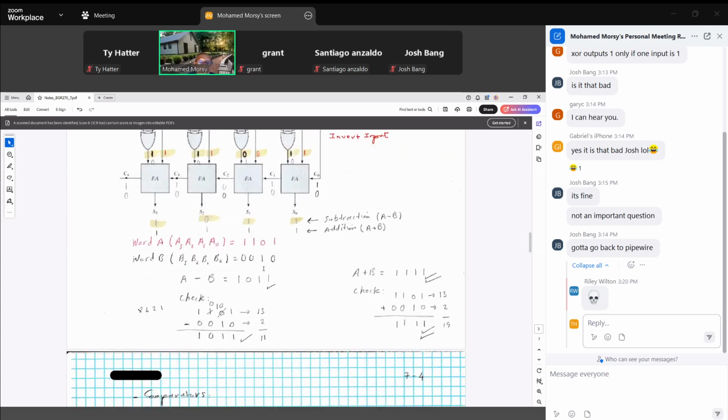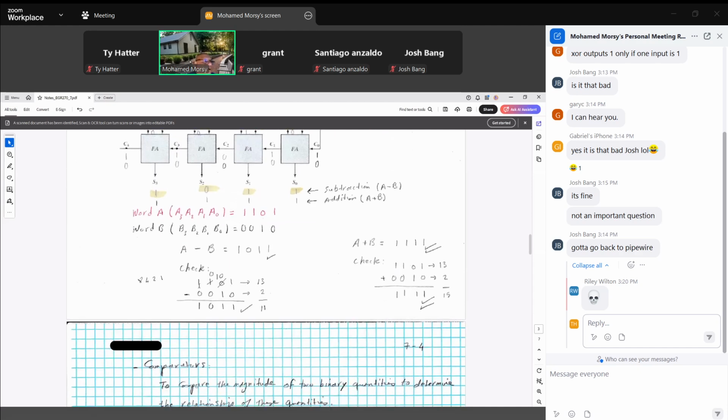Let us check analytically. We have 1, 0, 1, 1, and 0, 1, 0, 0, like traditional subtraction of binary numbers. So 1 minus 0 is 1. 0 minus 1 doesn't work, so we have to borrow 1 from the left side.